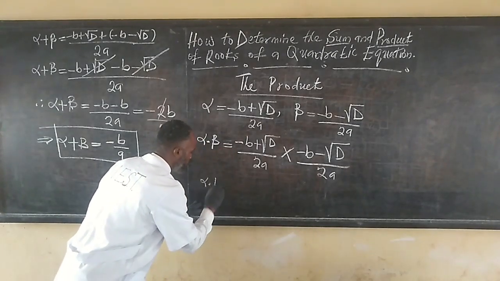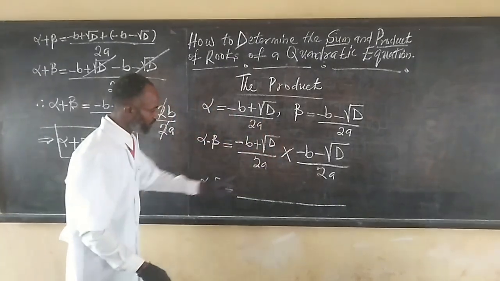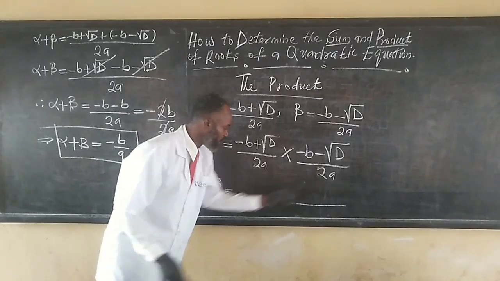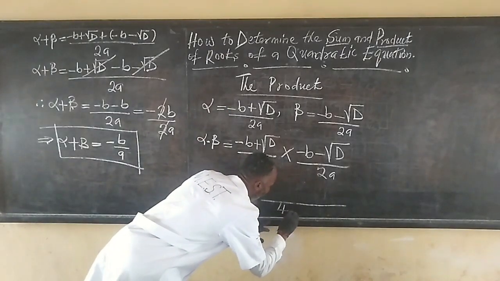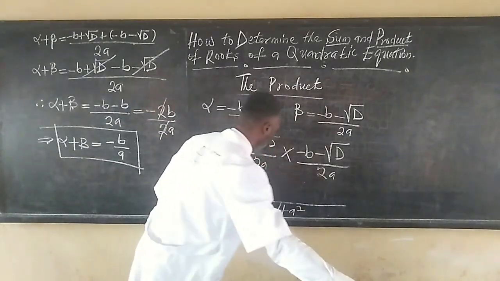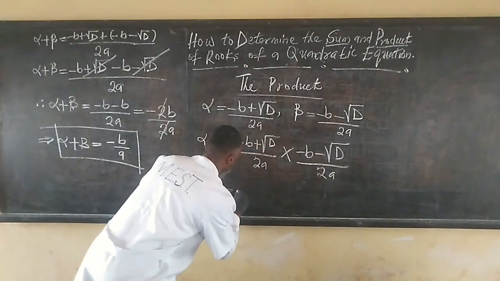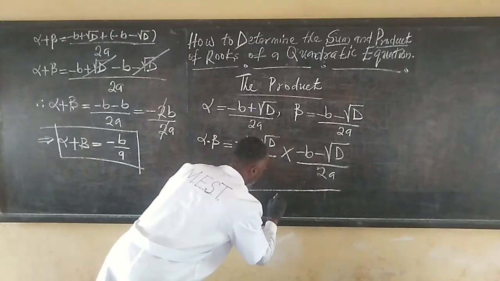Alpha dot beta is equal to, we find this. 2a times 2a is going to give 4a squared. Let me rewrite it, my line is not well drawn.